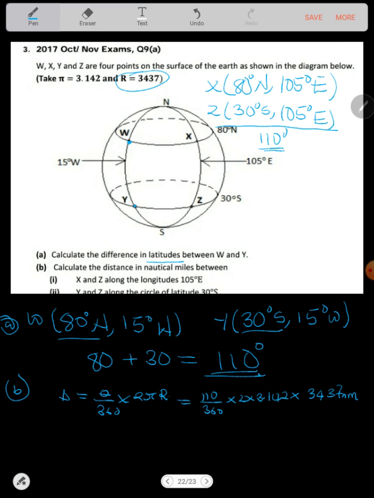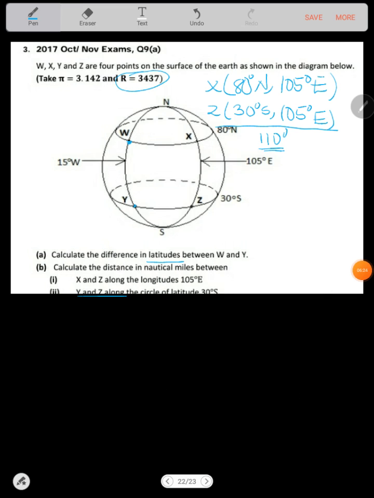Say 110 divided by 360, then times 2, then times 3.142, then times 37. The calculator must give you 6,599 point, just put two decimal places, nautical miles as your distance.